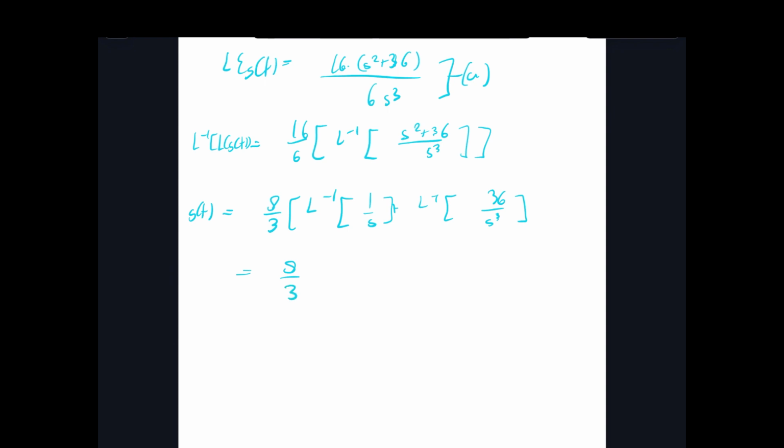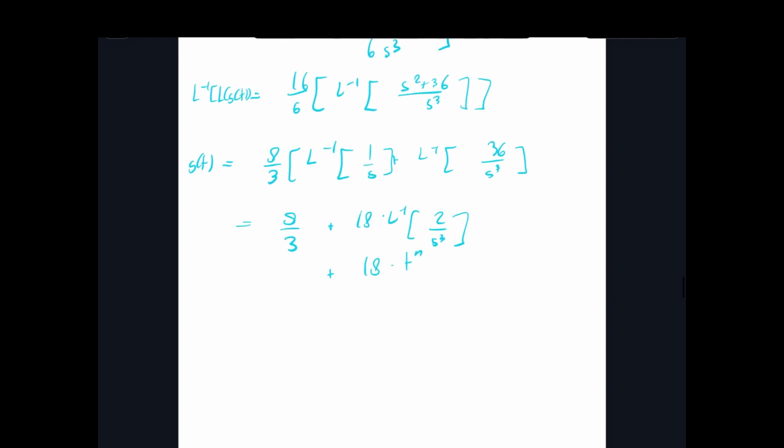The second part, I can divide it by 2. Because I have s cubed, I know I'm dealing with t to the n, and I need something factorial. Because it's s cubed, I know I have 2 plus 1, so my n is 2. So I need 2 in the numerator, which means if I can factor out 18 and get 2, I'll get 18 times L inverse of 2 over s cubed. So this equals 18 times t to the n.